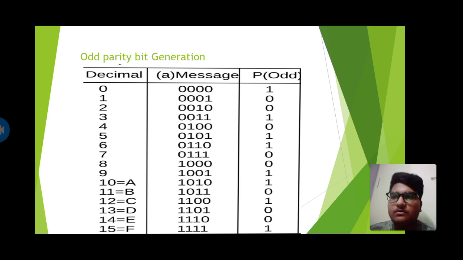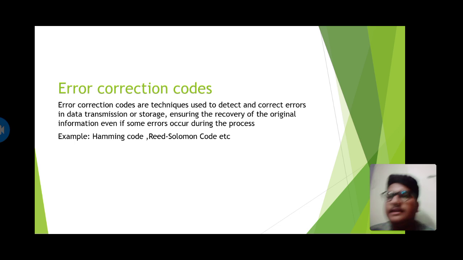Okay, now let us come to error correction codes. Error correction codes are techniques used to detect and correct errors in data transmission or storage, ensuring the recovery of original information even if some errors occur during the process. Error correction codes are used to identify the error position and use it to correct the bit value at that position.